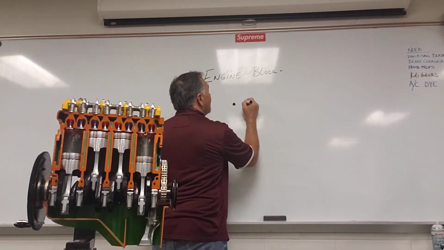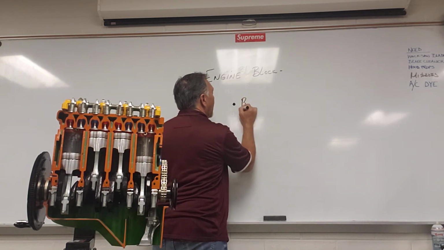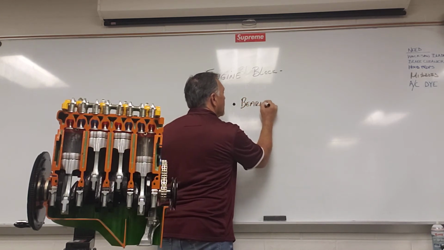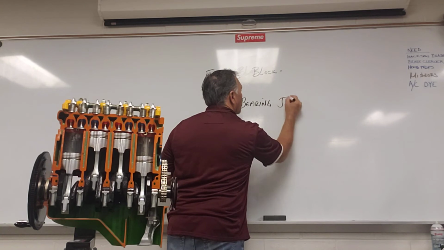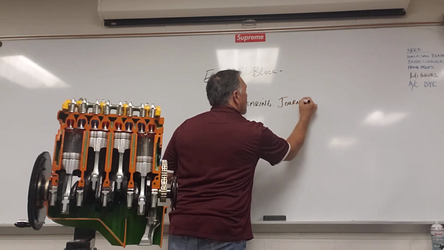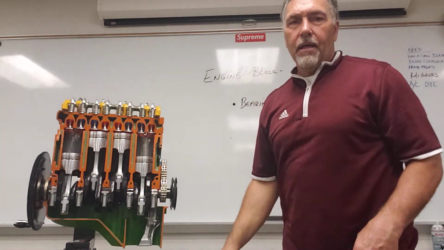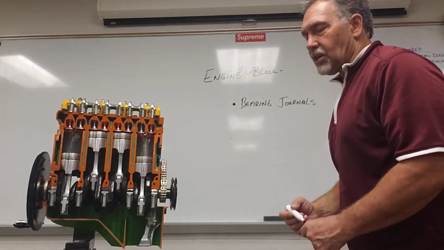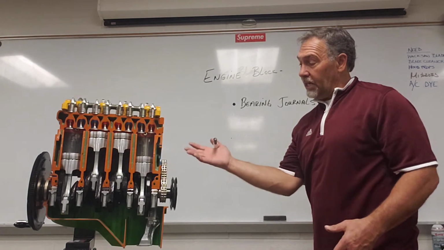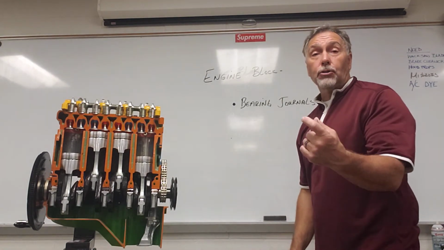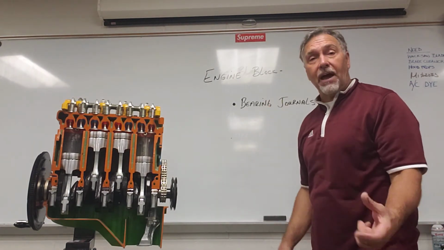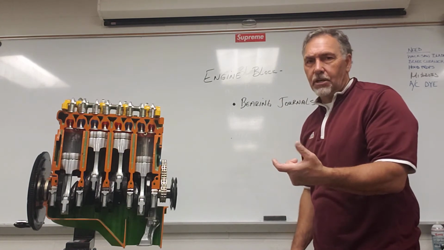So in the crankshaft we have bearing journals. Bearing journals are the area that the crankshaft is mounted to the engine block. Those are called journals, the area of the crankshaft where it would need to be attached to the engine block.